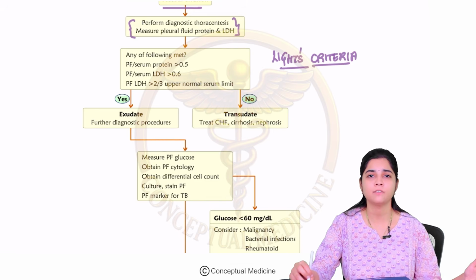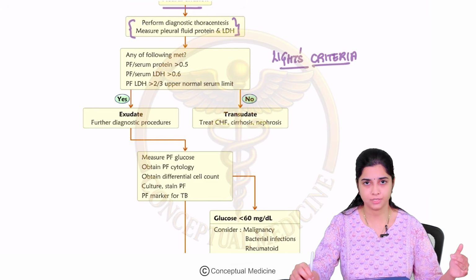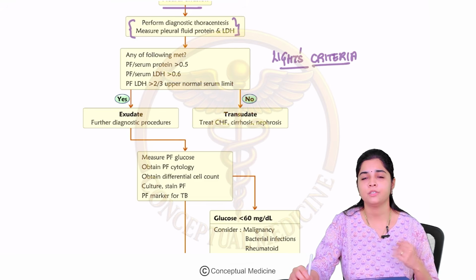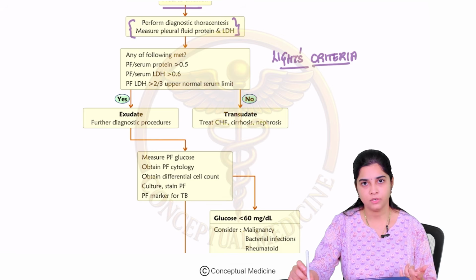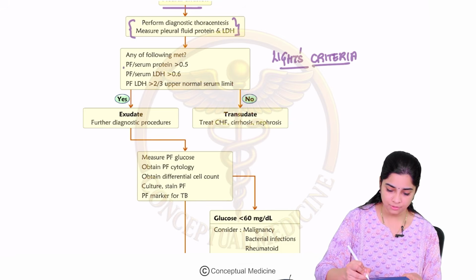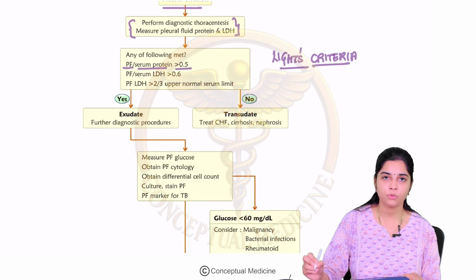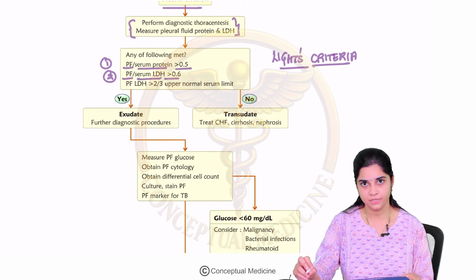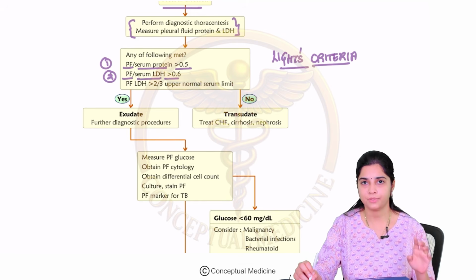If it is because of heart failure, you bring the heart failure under control. If it is because of CKD, you dialyze them. But if it is an exudative effusion, then you have to hunt for the cause. So what are the parts of the Light's criteria? Pleural fluid to serum protein ratio more than 0.5.